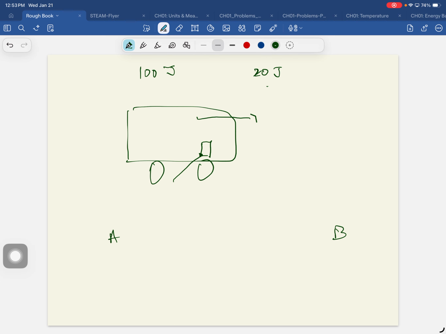So 5% of this is 1 joule. I spent 100 joules to accomplish what I needed for 1 joule. Every time you get in your car, you're accomplishing 1% of what you spent.